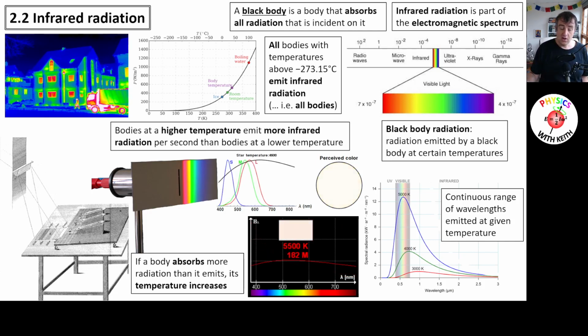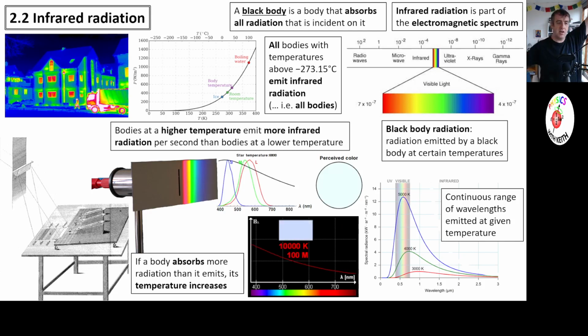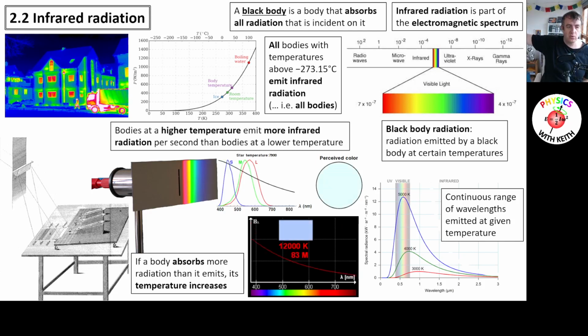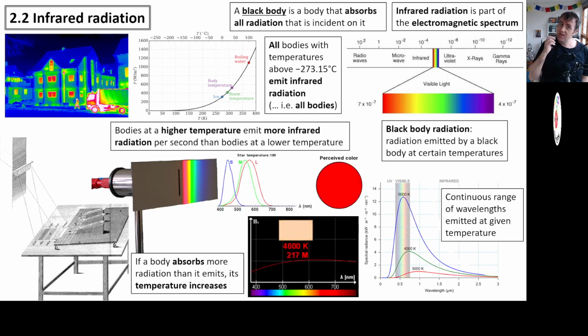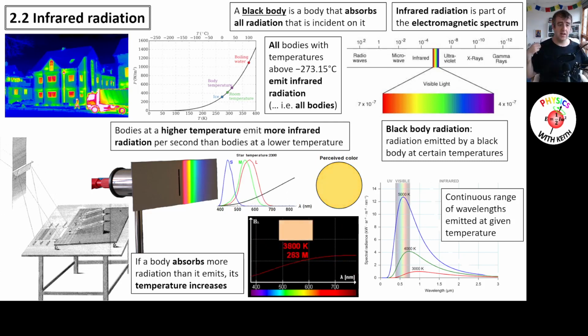Nothing else. So real bodies aren't black bodies because, for example, I painted my hut here white with white walls. When the walls were darker, they radiated more energy than the walls do now that they're lighter coloured. It's much cooler in here now because I've painted the walls a lighter colour.